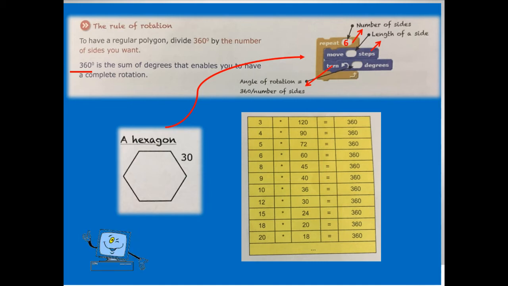The given is 30, so you write 30. For the angle of rotation, as you can see in this table, we have 360 divided by 6, you will get 60. So the number of turns is 60. After completing these blocks, try it using the Scratch application, and you will see that a hexagon will be formed.